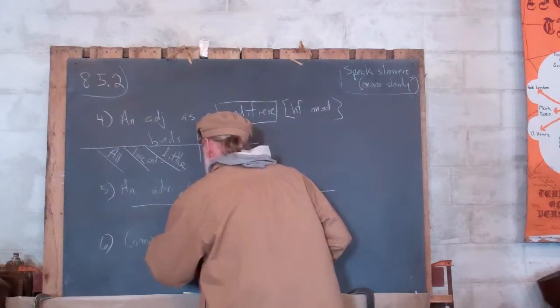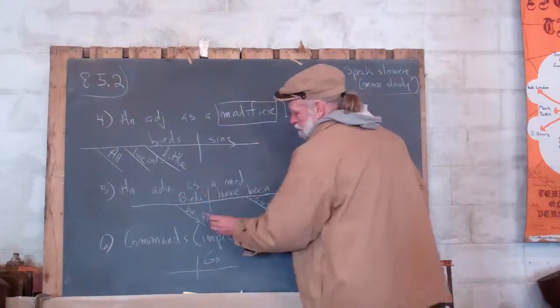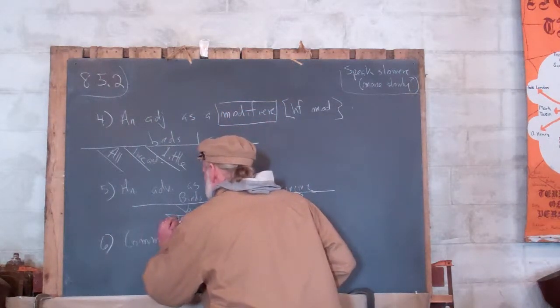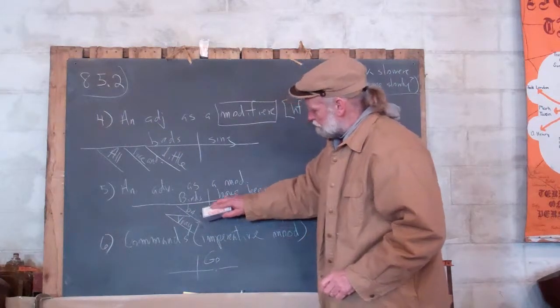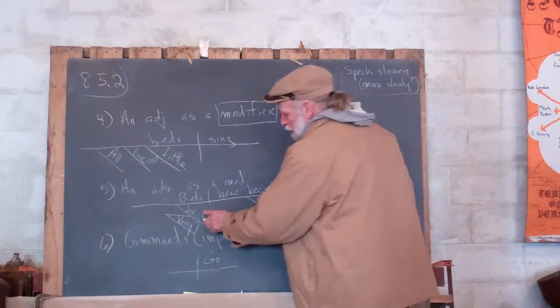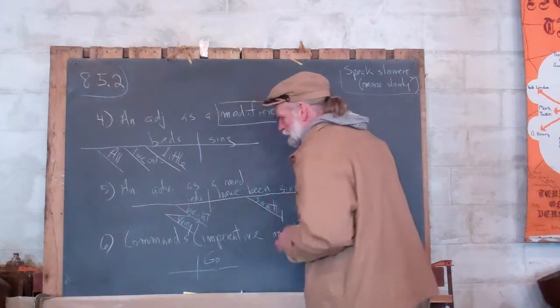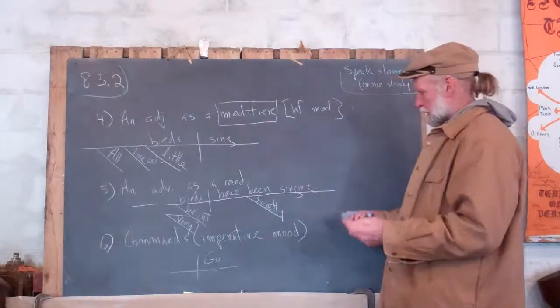Bright birds. That's an adjective. But let's make it very bright. Now what we've done is we've got the intensifier. This is an adverb. Very bright birds. What kind of birds? Bright birds. How bright? Very bright. Very bright birds have been singing sweetly.